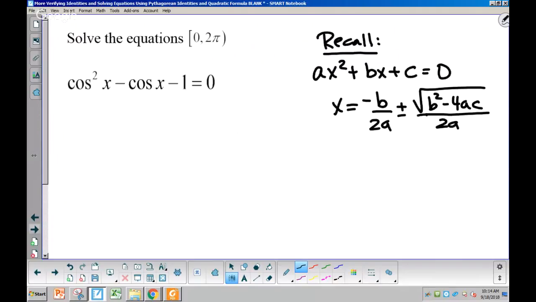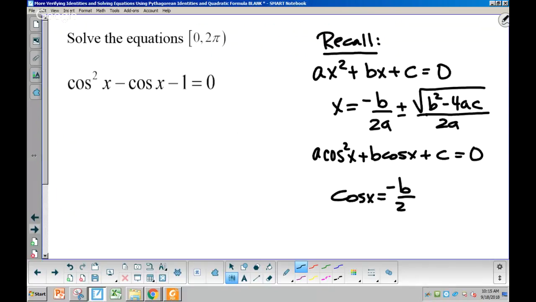But in this case, I have this situation: a cosine squared x plus b cosine x plus c equals 0. So what's the variation going to be? Here I said x equals, here I'm going to say cosine x equals the opposite of b over 2a plus or minus the square root of b squared minus 4ac all over 2a.